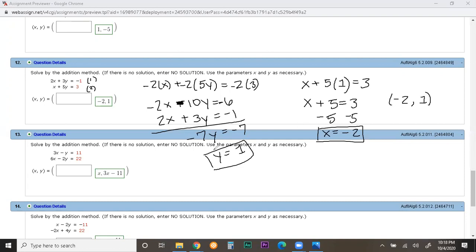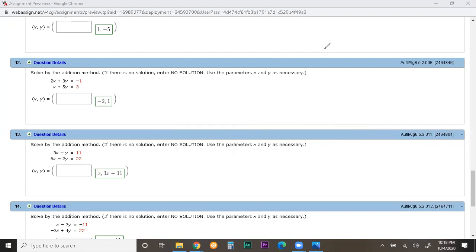All right, now let's look at number 13. For number 13, we want to look at our x's. We got 3x and 6x.